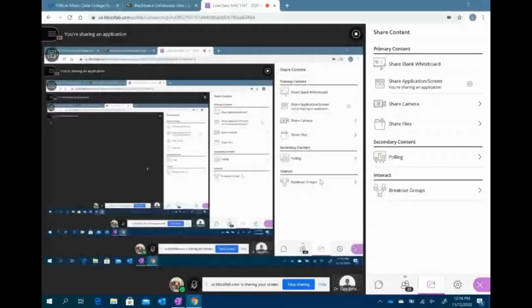Too much math for the tablet. Okay, give me 1 minute. It's trying to connect to Blackboard again. Okay, so let's see. It's supposed to be in. Can you guys see my screen now?